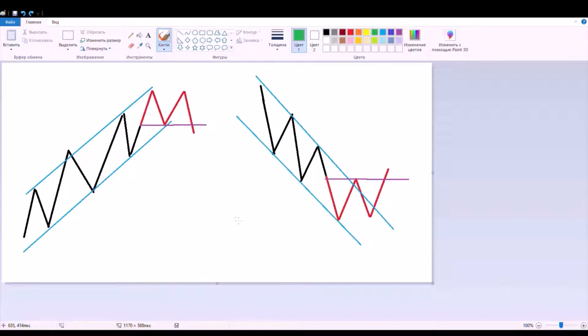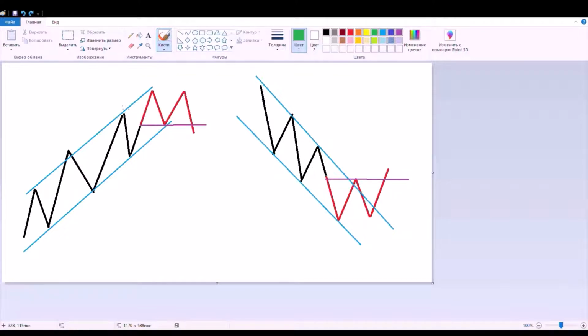So what do we need to have the double top or the double bottom formation? As I said, we need a trend and we need two tops on the same level, like here, or two bottoms on the same level, like here. What else do we need?